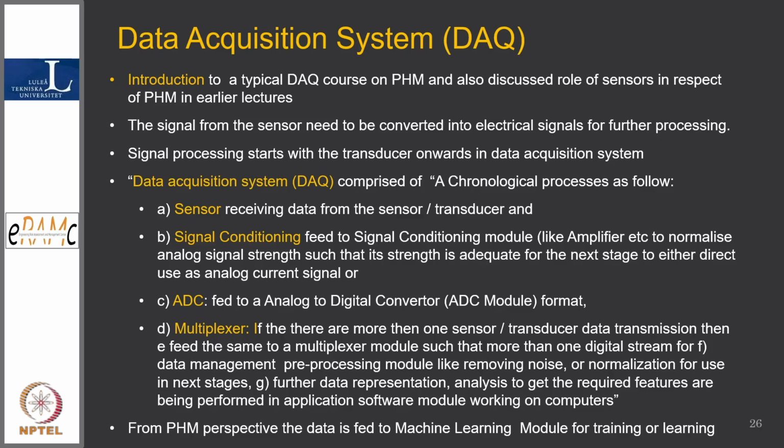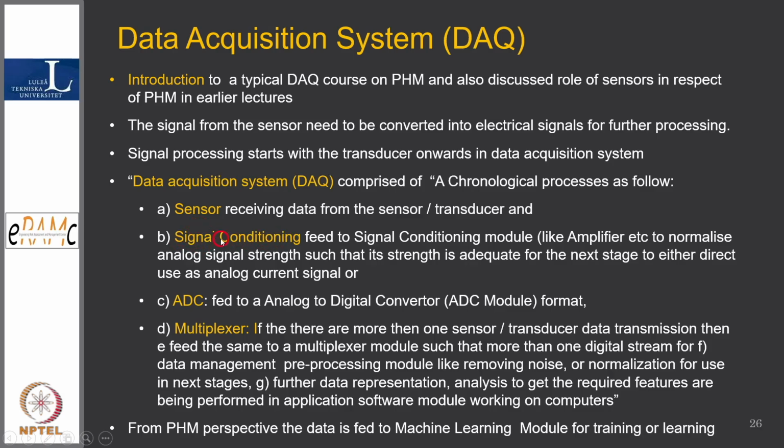So now these signals are fed, and what are the signals? These are electrical signals, and they are fed from the sensor and transducer to, let us say, a signal conditioning card. It is again an electronic device.